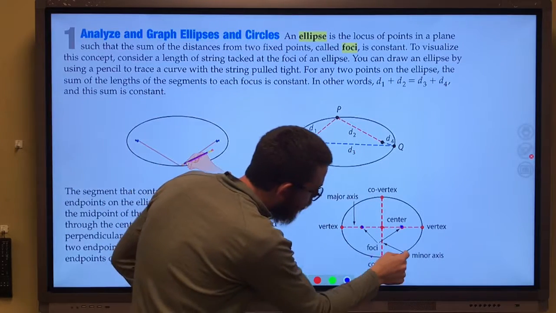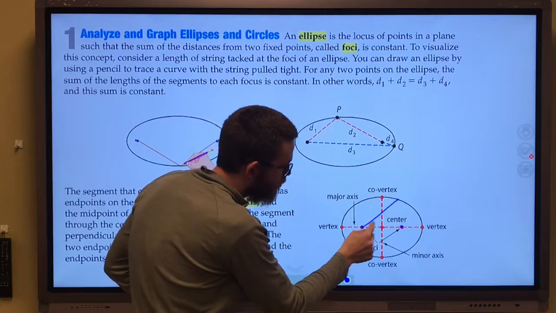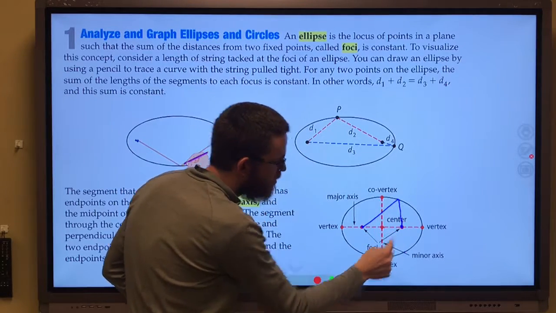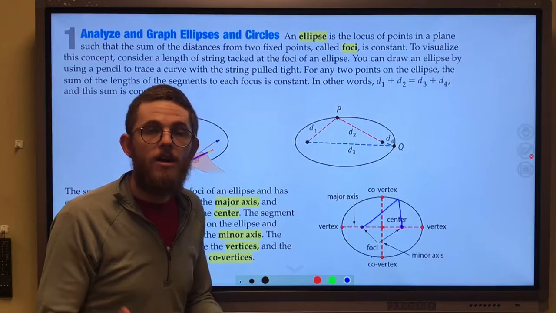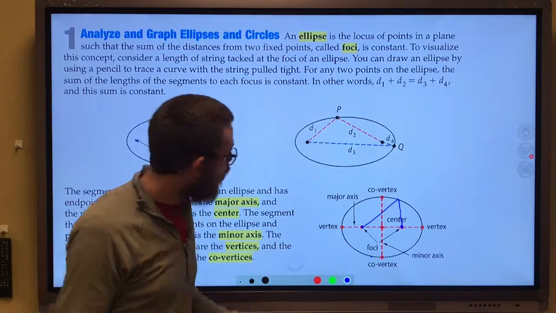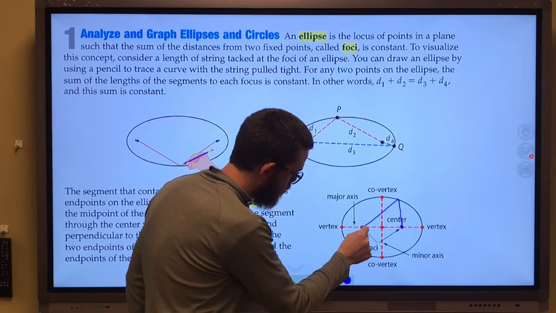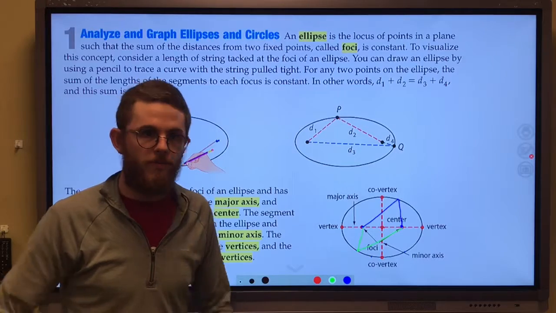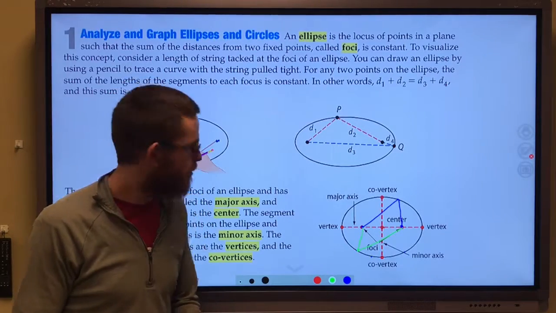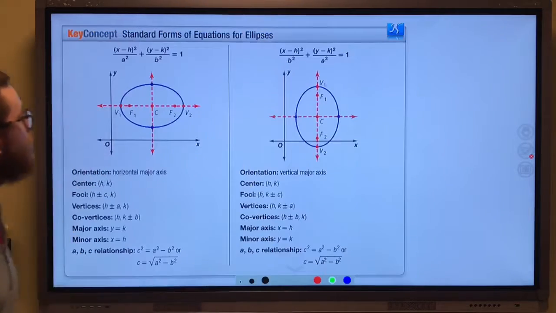Every single point on our ellipse, if we were to measure the distance from one foci and the distance to the other foci and add those two distances together, that sum is always the same for every single point on our ellipse. That's the definition of an ellipse. That's how they're created. So, a lot of little parts.